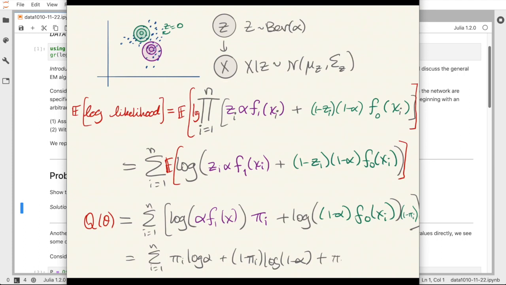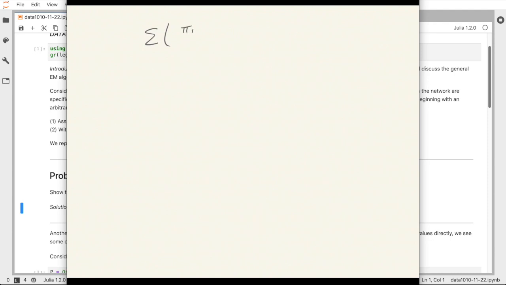So pi i log of f1 of xi, and similarly for this log of f0 term. But if we differentiate this expression with respect to alpha, we get the sum of pi i over alpha minus 1 minus pi i over 1 minus alpha is equal to 0.